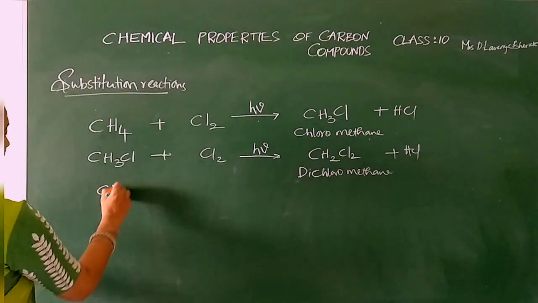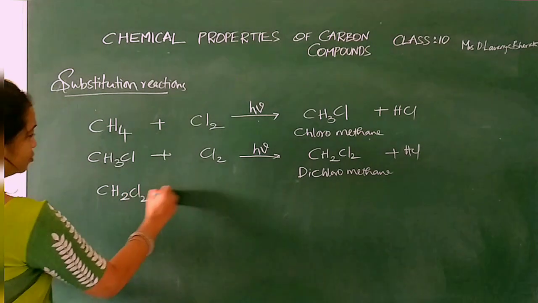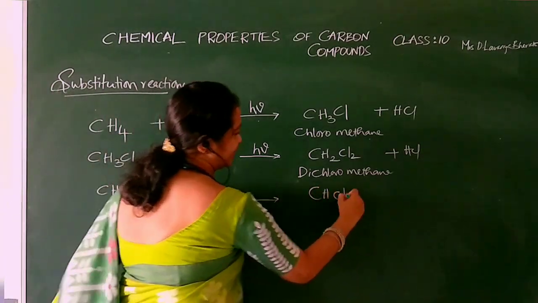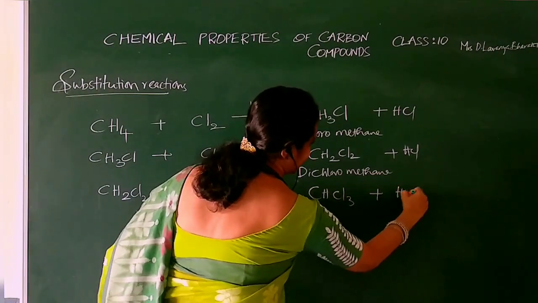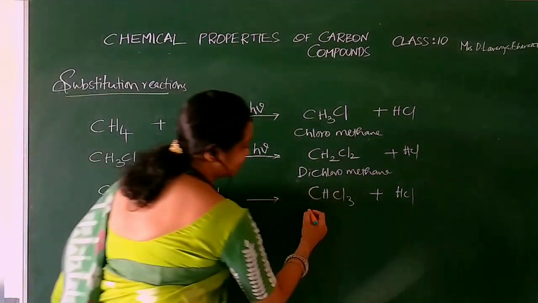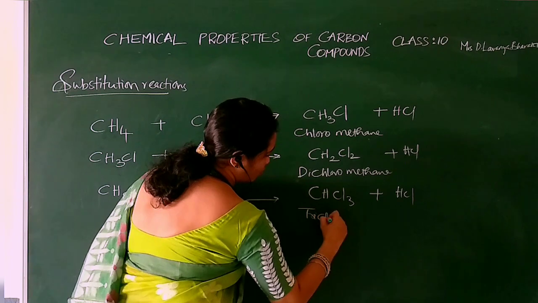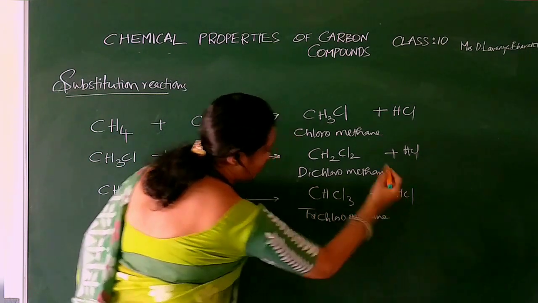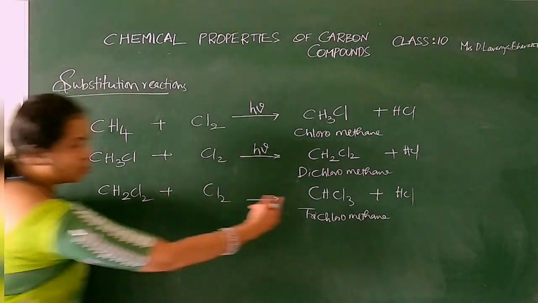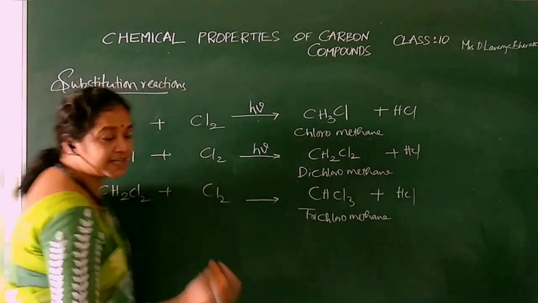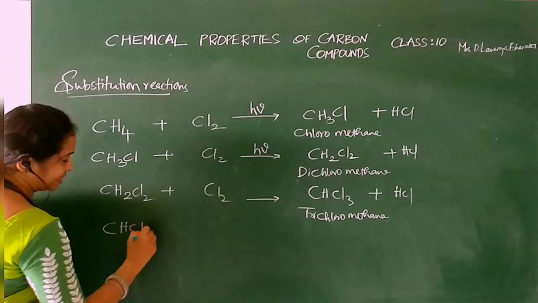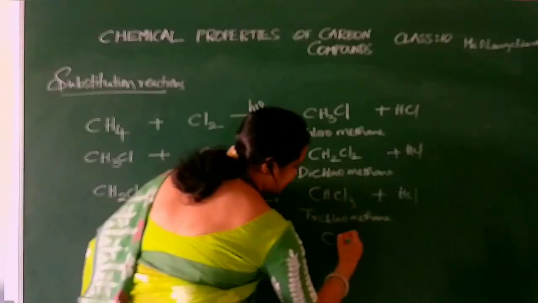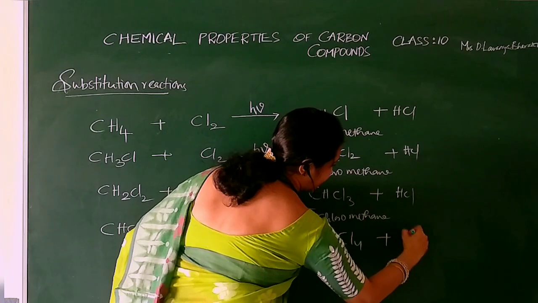Once again, CH2Cl2 plus Cl2 gives rise to CHCl3 plus HCl. We call this trichloromethane. There is one more hydrogen which is also replaced by chlorine: CHCl3 plus Cl2 gives rise to CCl4 and HCl.